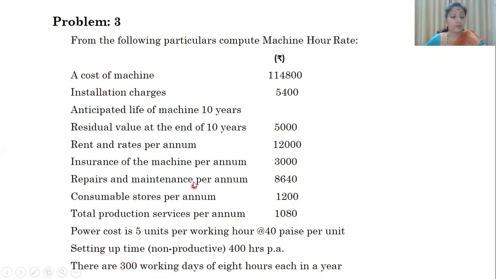First one, standing charges. Here, what are the standing charges? Rent and rates per annum, standing charges. Then insurance of the machine per annum, it is a standing charge. Then repair and maintenance per annum, also standing charges here. Then consumable stores per annum is given, that is also standing charges.